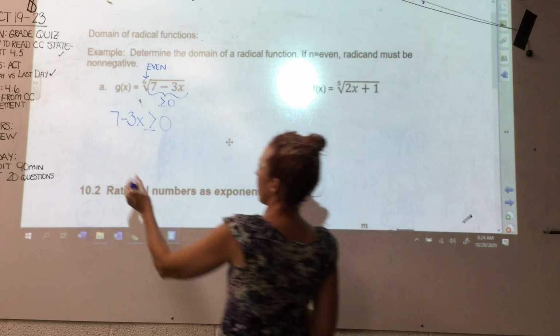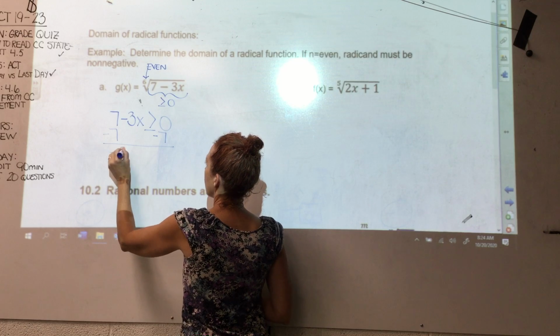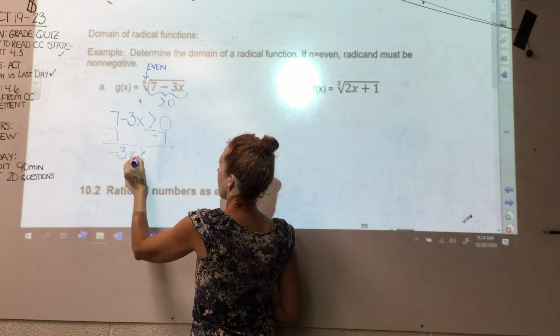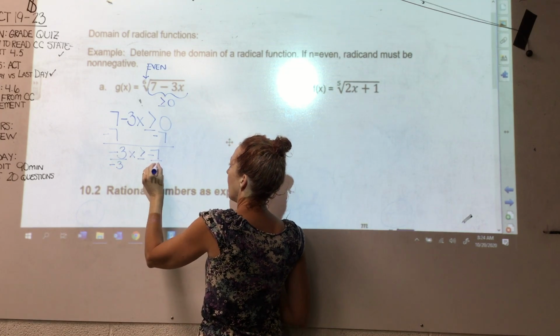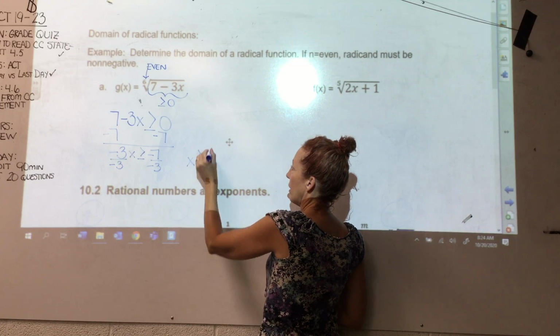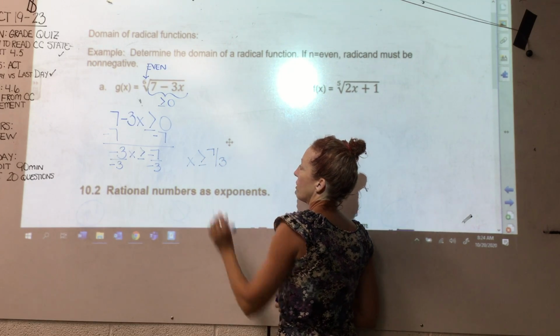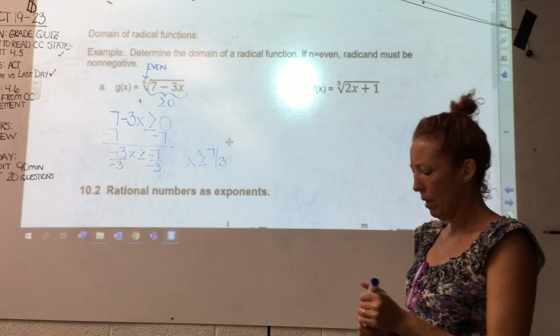So move the 7 to the other side. Minus 3x is greater than or equal to -7. Divide by -3, divide by -3, and you get for an answer x is greater than or equal to 7/3, which is an acceptable answer in my math lab.